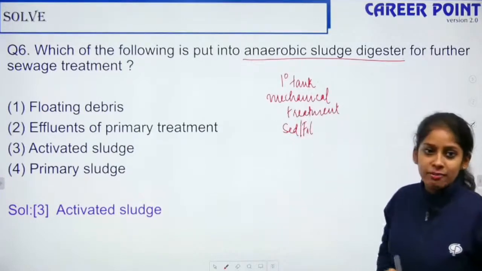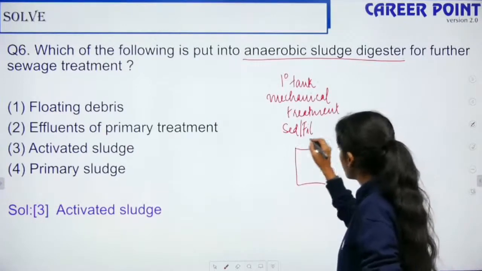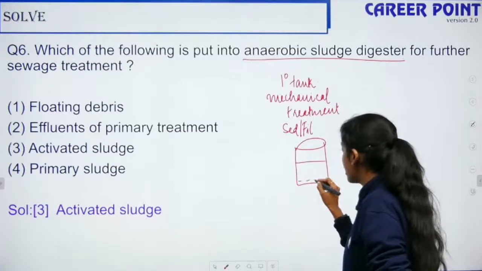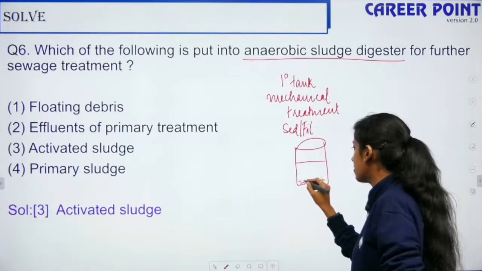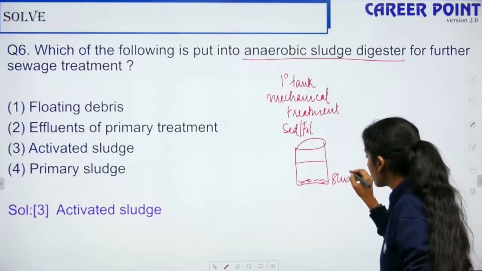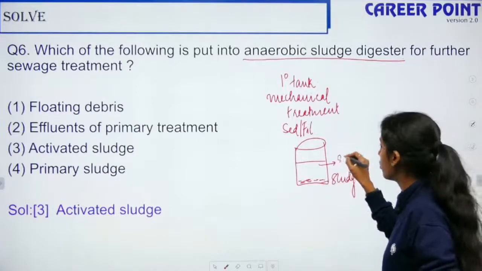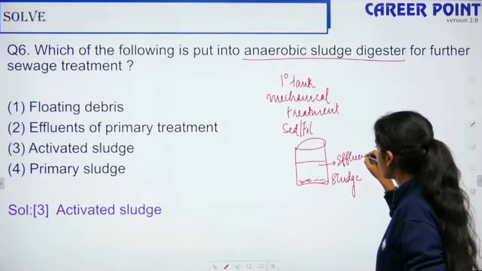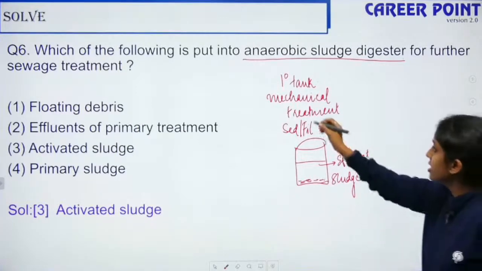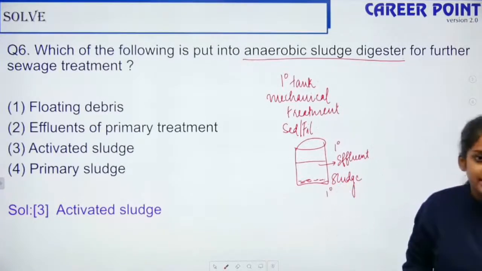If I let it sediment, some solid particles settle at the bottom. This is my sludge, and this is my effluent. Since this is the primary tank, this is primary effluent, and this is primary sludge.